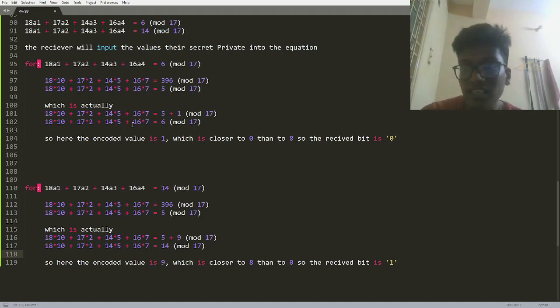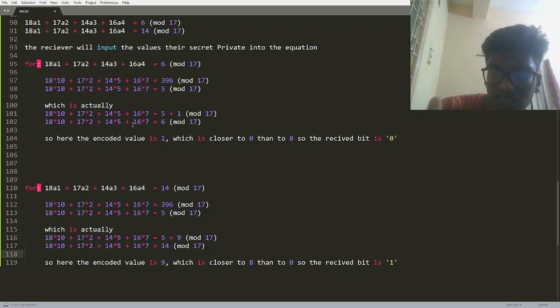With these error induced equations, only the person with the private keys and the solution will be able to identify whether it is 0 or 1. Since we are able to securely encrypt zeros and ones, we can basically encrypt anything, images, text, anything.